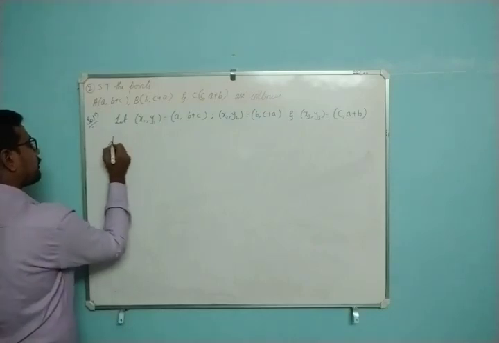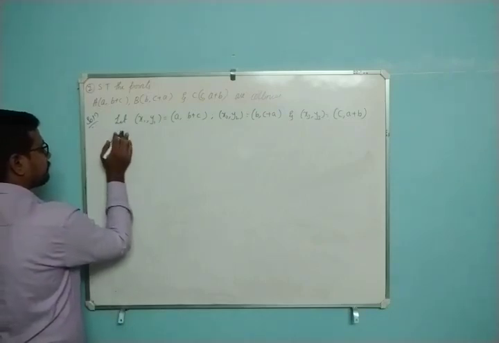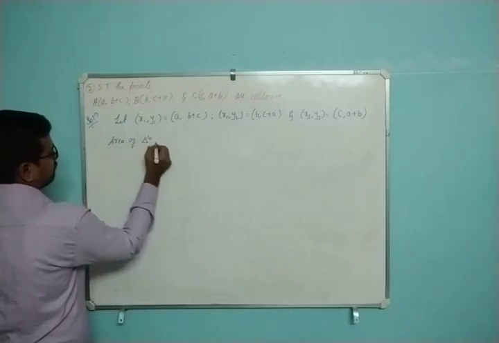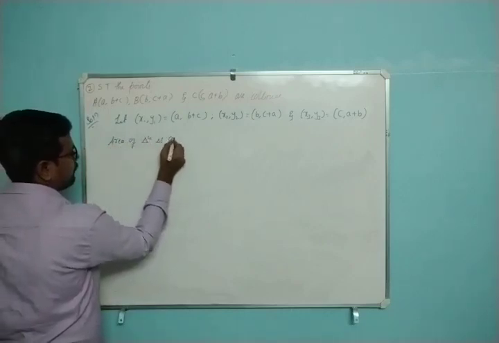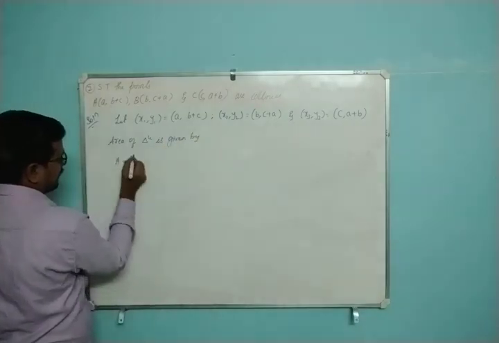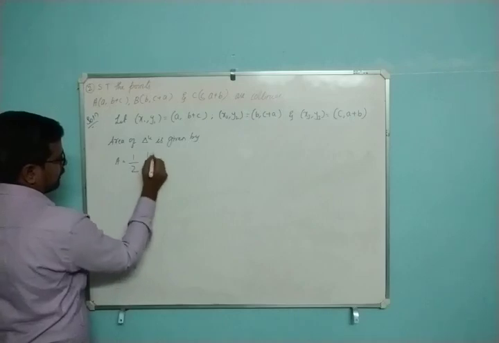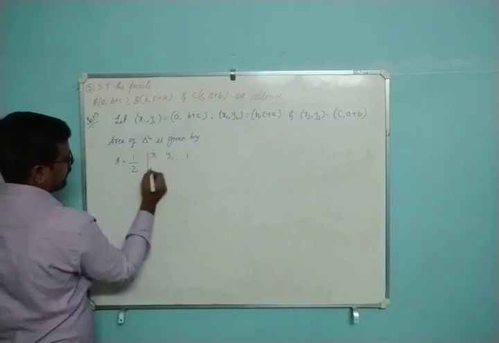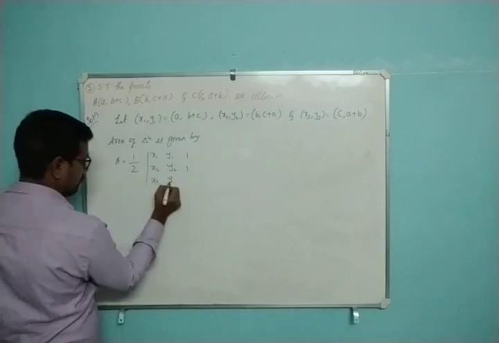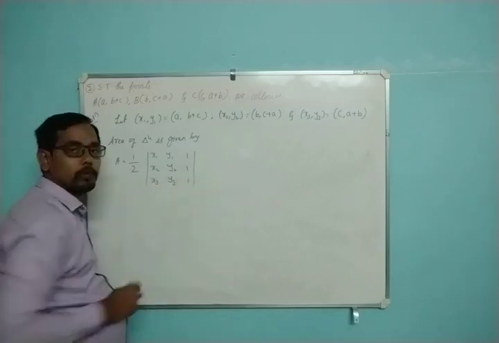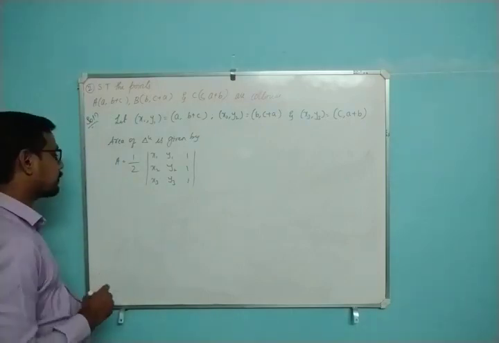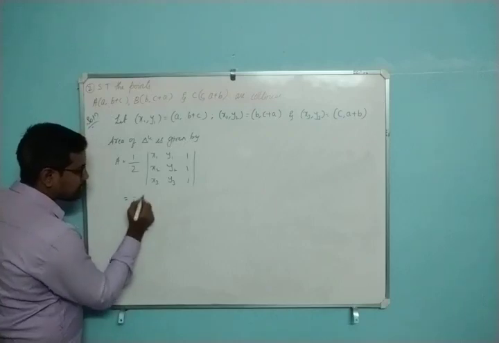So now the area of the triangle is given by area = half times the determinant with rows x1 y1 1, x2 y2 1, x3 y3 1. So this was the formula given for the area of the triangle. So now substitute all the values.